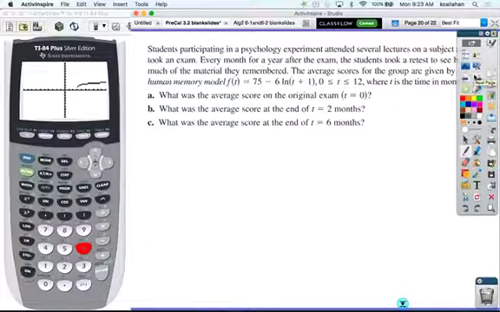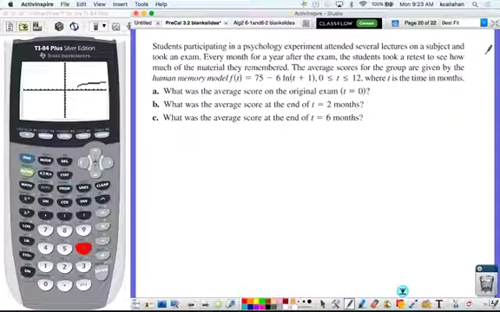So here's our word problem. Students participating in a psych experiment attended several lectures on a subject and took an exam. Every month for a year after the exam, the students took a retest to see how much of the material they remembered. The average scores for the group are given by the human memory model: f of t, where t is months, is 75 minus 6 times ln of t plus 1.